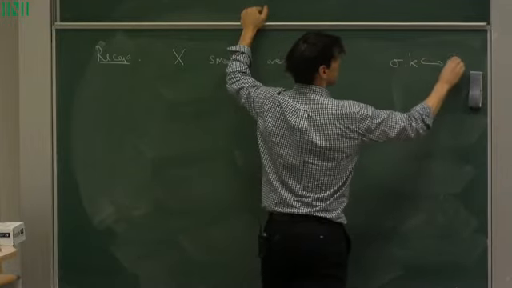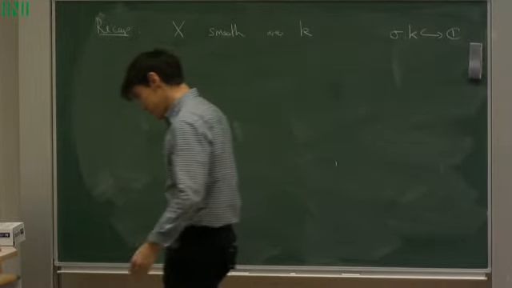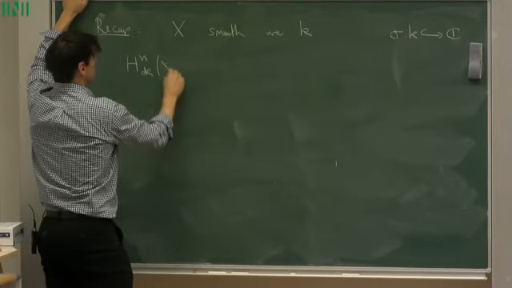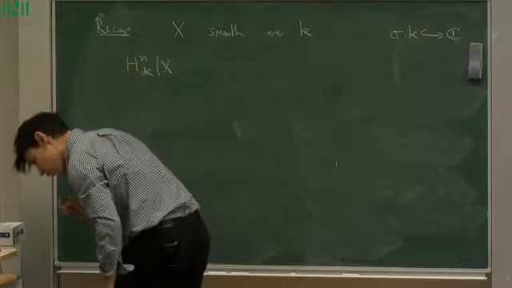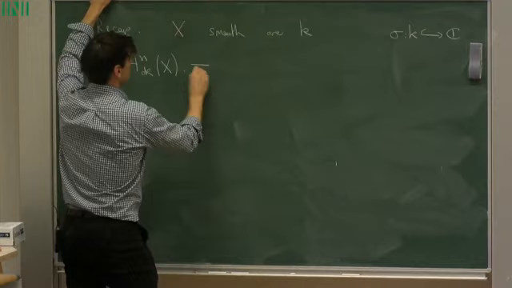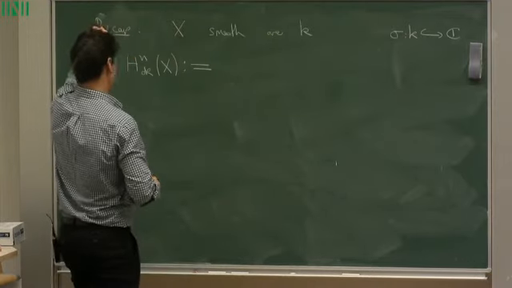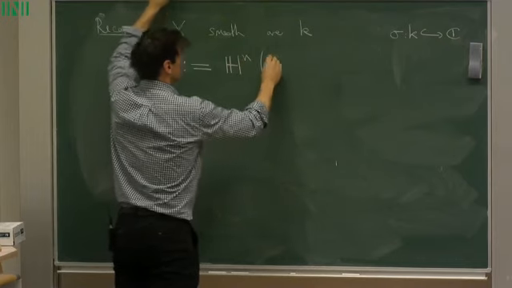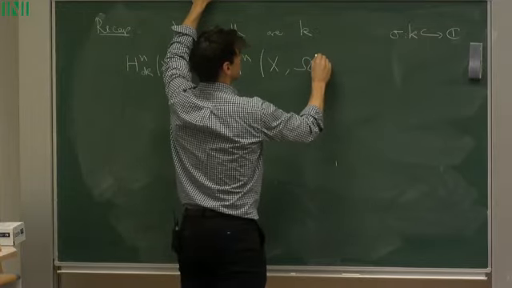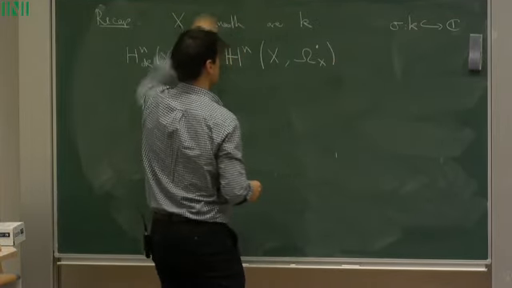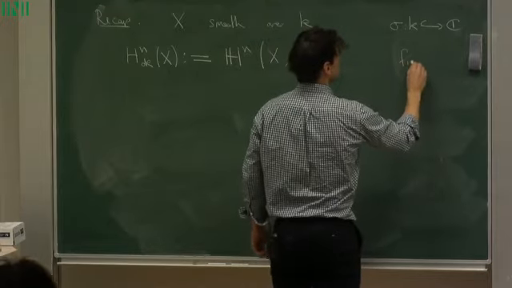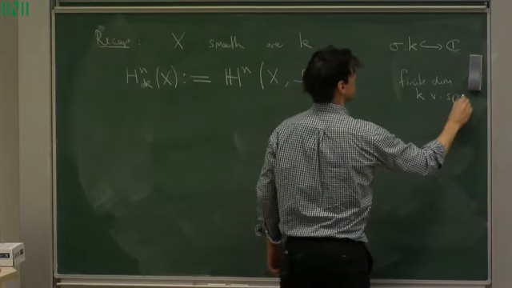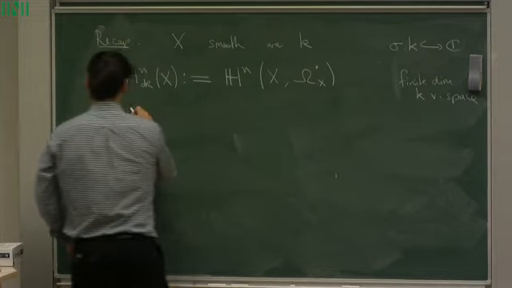Now let's generalize a little bit and take K with an embedding in C. And we had the algebraic de Rham cohomology, which I'm going to write without any indices to make life easier, is the hypercohomology of X in the sheaf of Kähler differentials. And it's a finite dimensional K vector space.